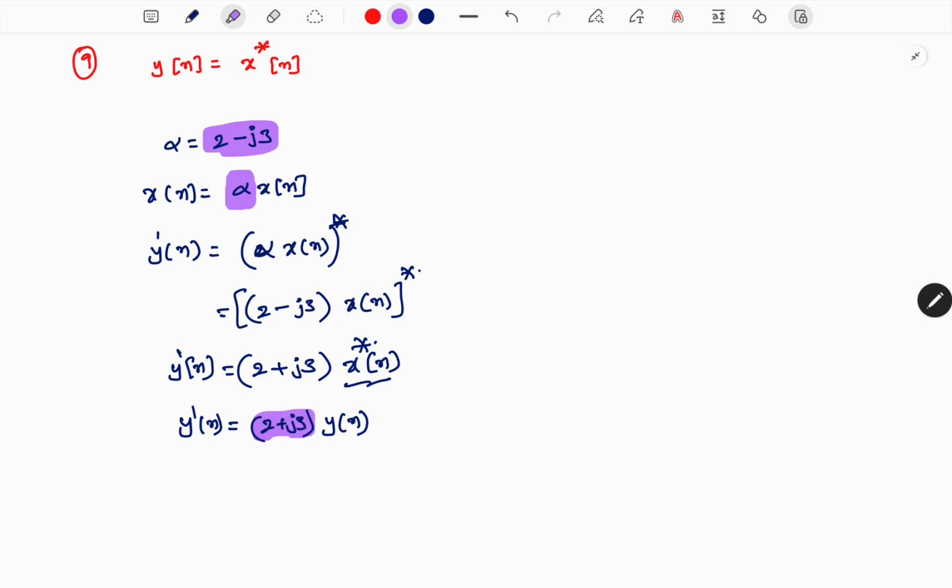So the homogeneity condition is not followed. So the system is nonlinear. We can say it directly.